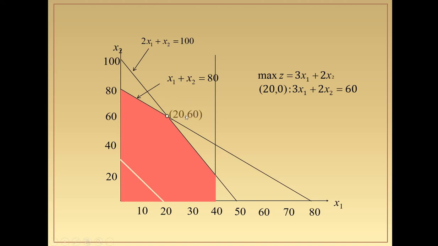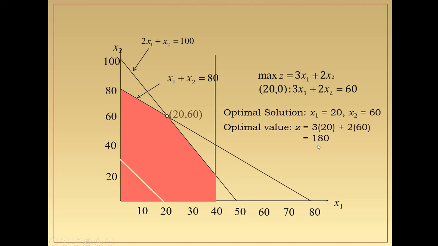Then this point represent the optimal point, where x1 is 20 and x2 is 60. Alright, this is the optimal solution and then optimal value. Okay, optimal value is Z value ni, nilai Z. We substitute x1 equals 20 and x2 equals 60 into the objective function, then we get Z. Z is 180.